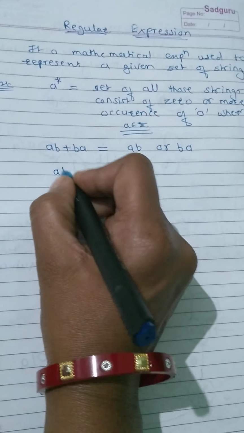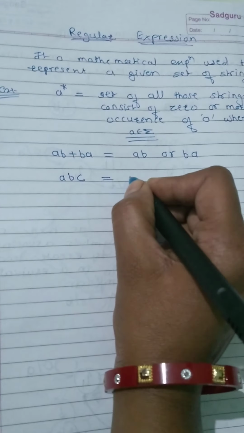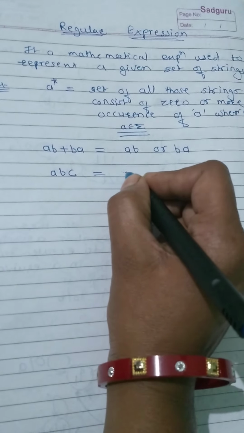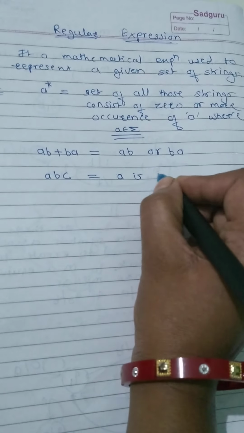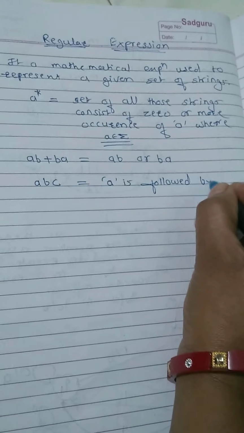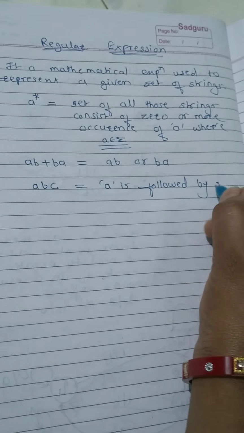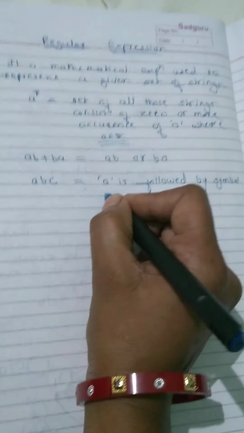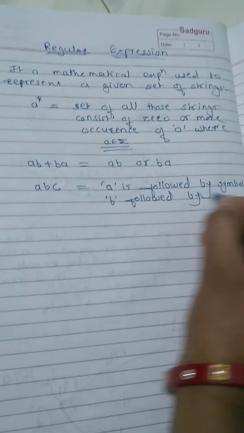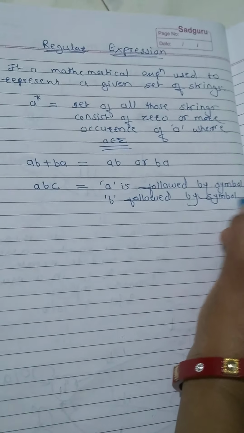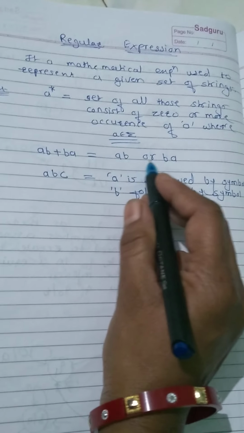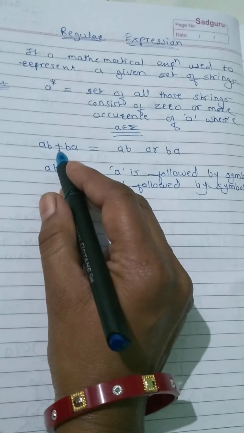If we have ABC, then we can read this as a string consists of 3 letters where A is followed by symbol B, followed by symbol C. So here for plus operator we have the word as OR. This is nothing but the union operator.